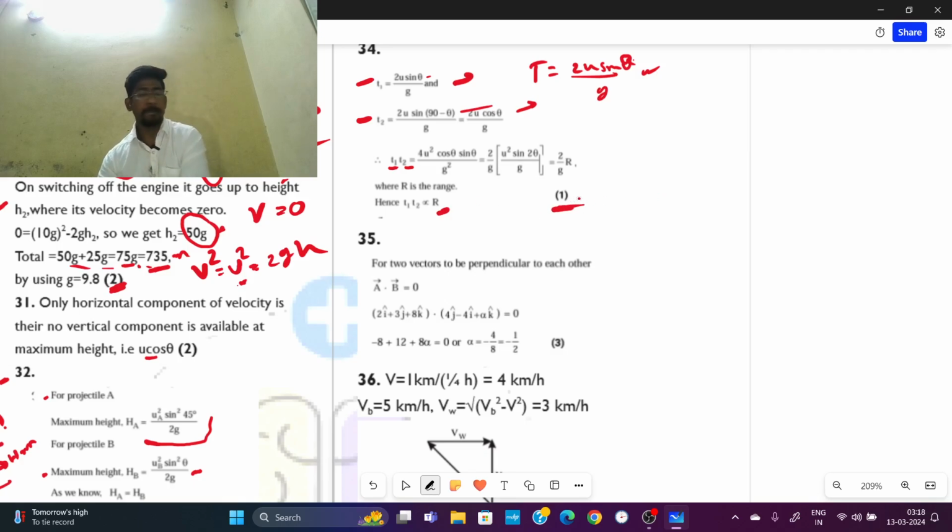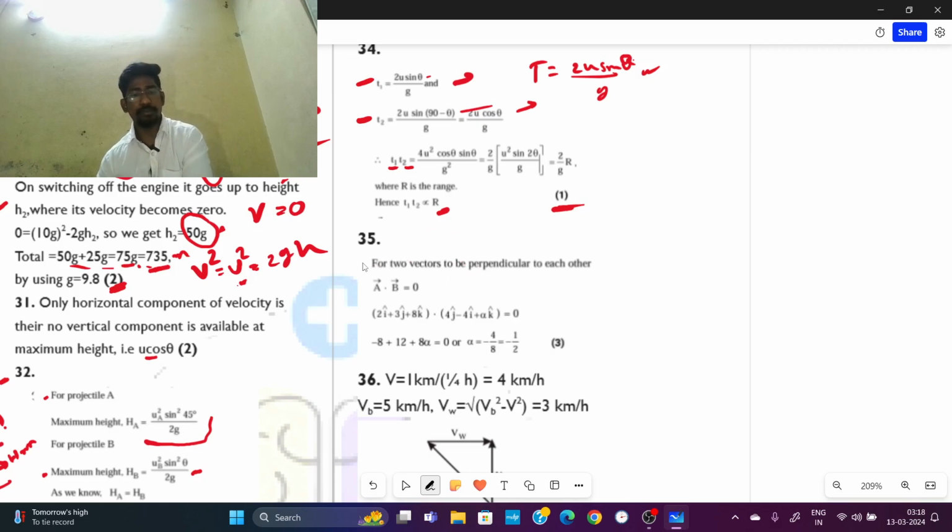Okay, now moving on to the next question, from the vector chapter. If the vector 2i cap plus 3j cap plus 8k cap is perpendicular to the vector 4j cap minus 4i cap plus a k cap, then you have to calculate the value of a.